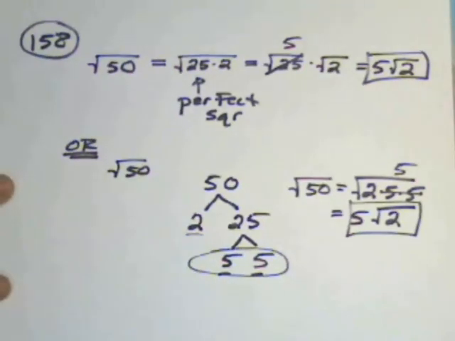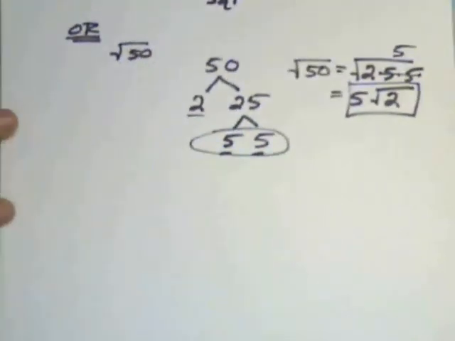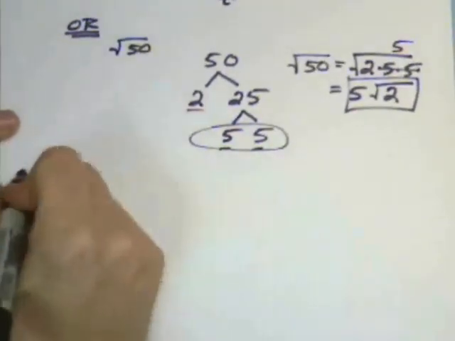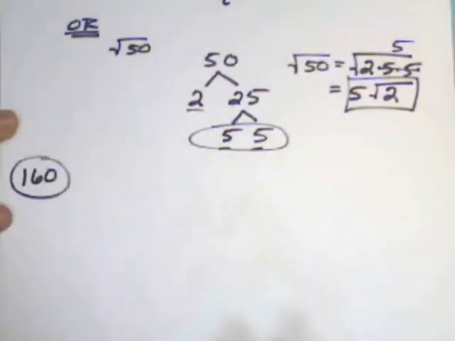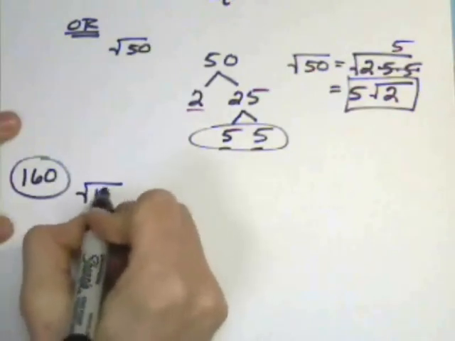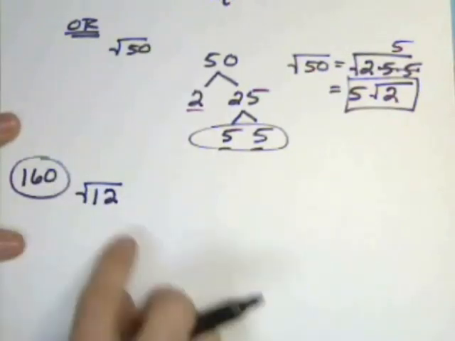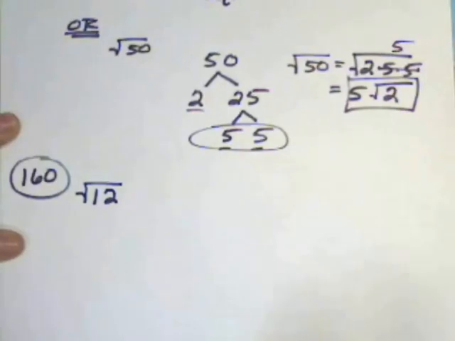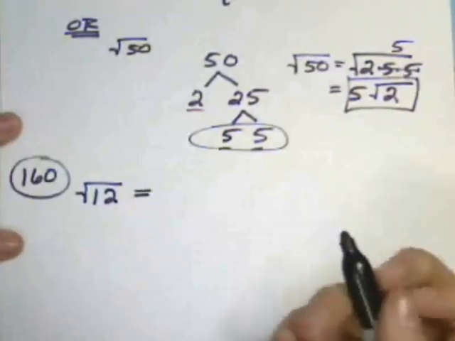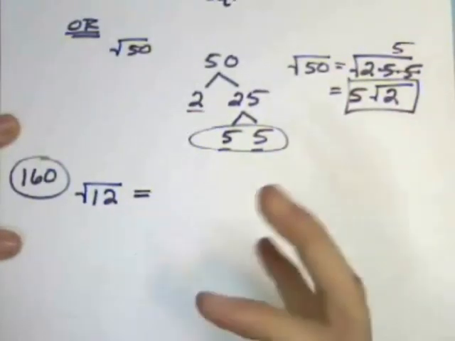Let's look at 160. The square root of 12. Well, that's not a perfect square, but there's two different ways I can approach it. The first way, again, is to say, can I pull out a perfect square through multiplication?